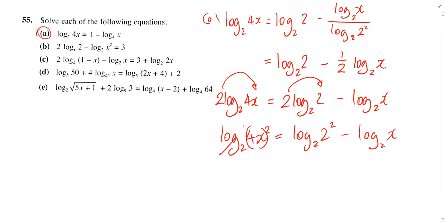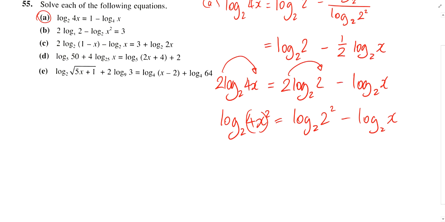Cancel the log 2, like that. Huh? Yes or no? Then how? Log base 2 4 over x.